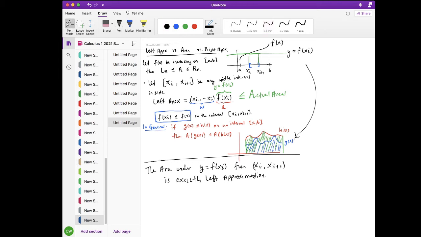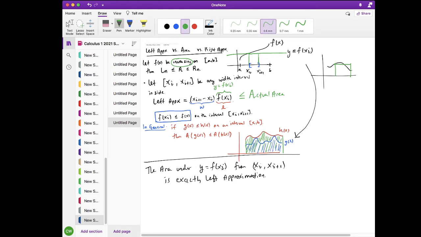Am I making sense? Great. So remember, the key part was increasing. I could not say this if it wasn't increasing, because if it ever dipped down, then the left approximation may not be underneath the curve. So it has to be always increasing.